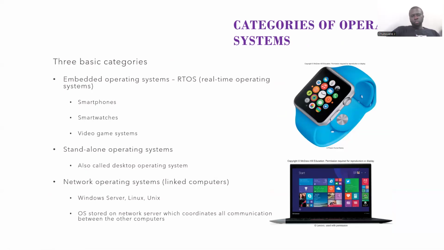Okay, we have different kinds of operating systems. There are three categories of operating system. One of them is an embedded operating system, which is the one that runs on your smartphone, on your smartwatches, video games, and everything. They are all categorized as embedded operating systems. And why is it embedded? Because it comes with the program as you buy it.